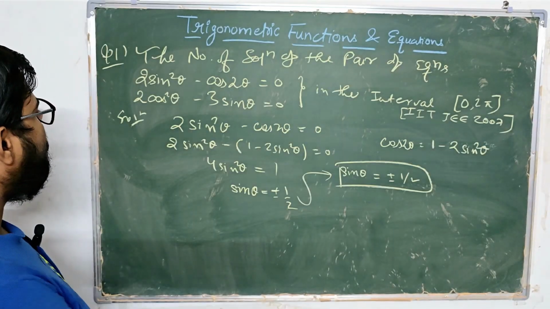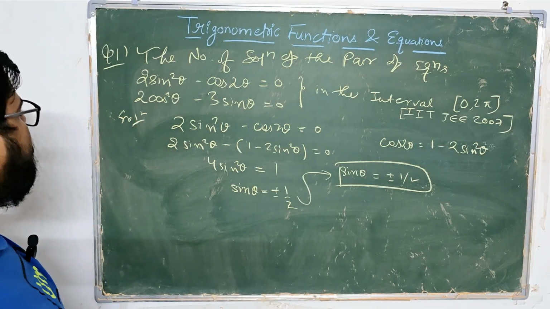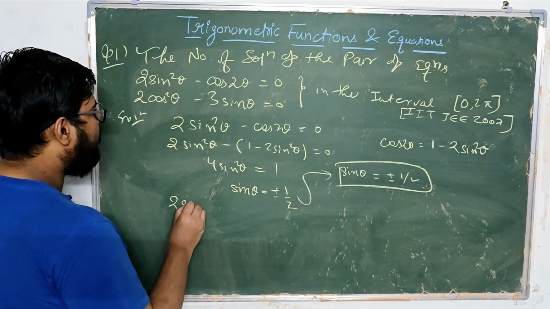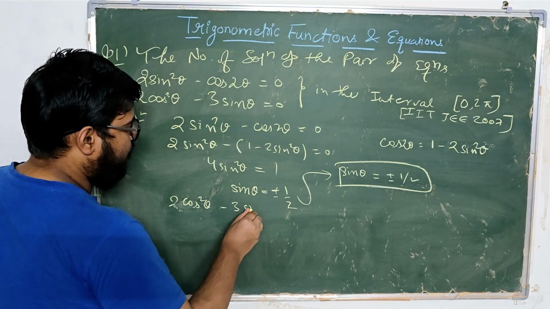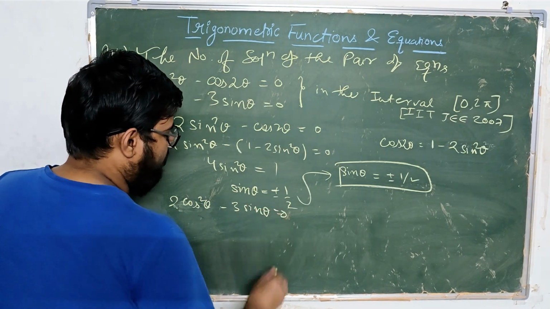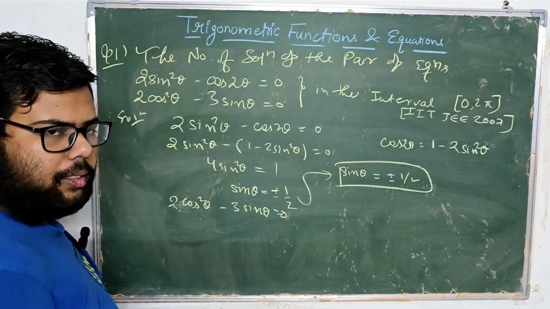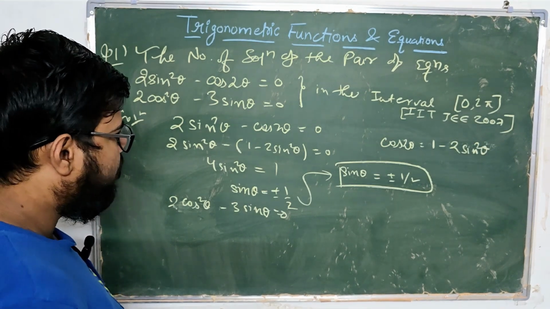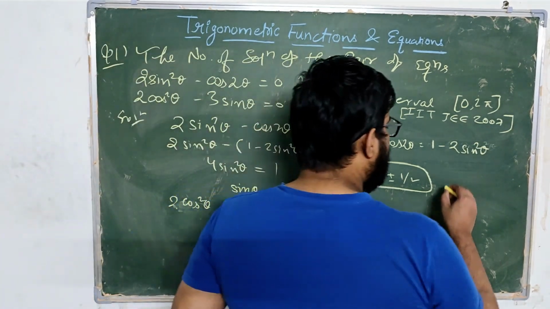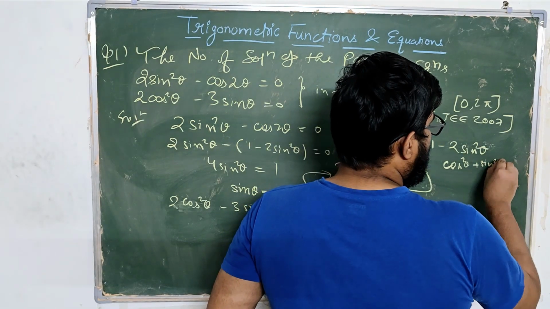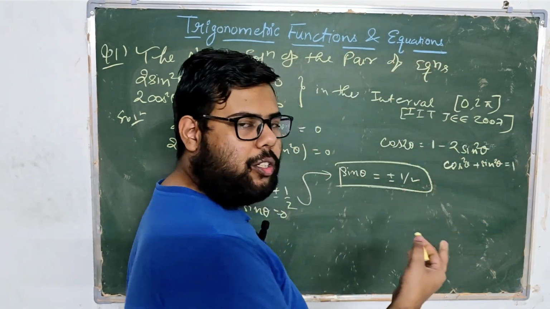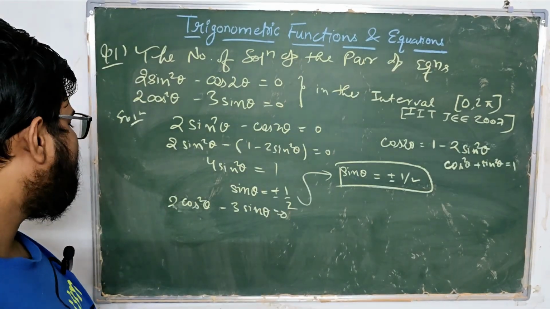Now let's see the second equation. 2 cos square theta minus 3 sine theta is equal to 0, right? Very simple equation. Now we know an identity, cos square theta plus sine square theta is equal to 1. This is the most basic identity of trigonometry, right?